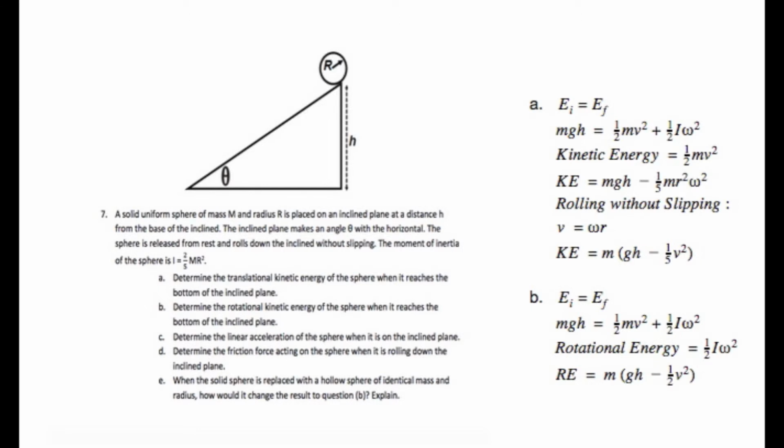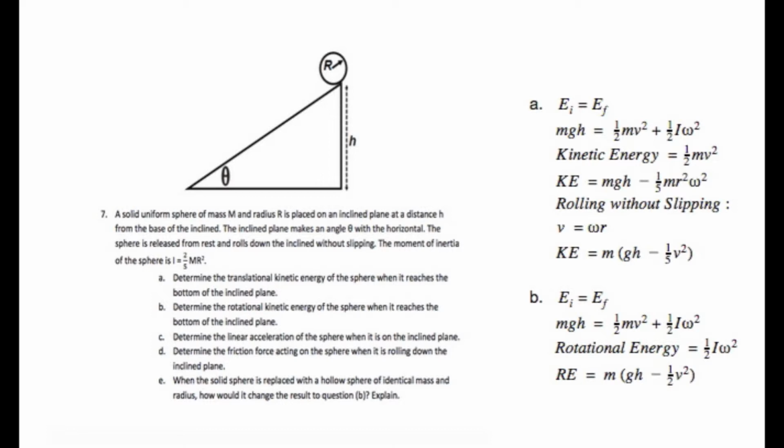We do a very similar process for part B, which asks to find the rotational kinetic energy of the sphere when it reaches the bottom of the inclined plane. What we do is we use the same equation from part A: mgh is equal to 1/2 mv squared plus 1/2 I omega squared.